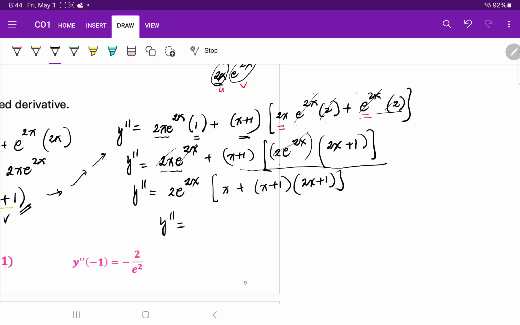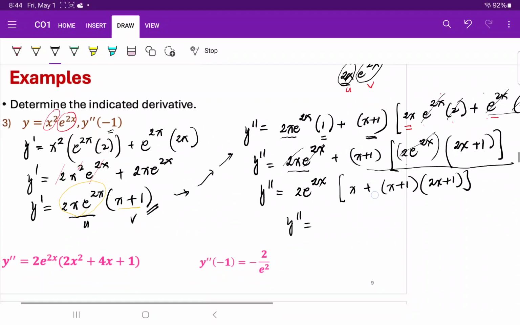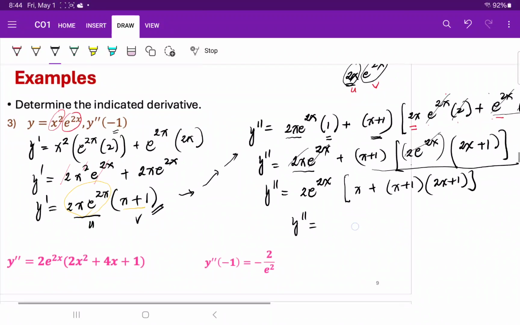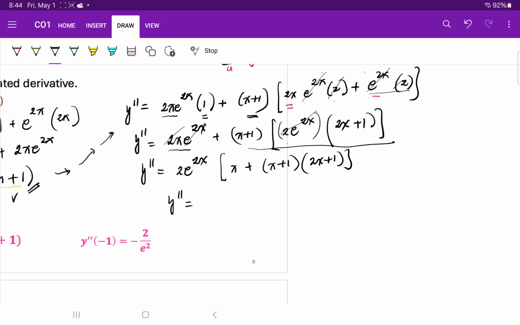We get y double prime is 2 e to the 2x times what? x plus, if you expand this, this is 2x squared, 2 plus 1 is 3x plus 1.